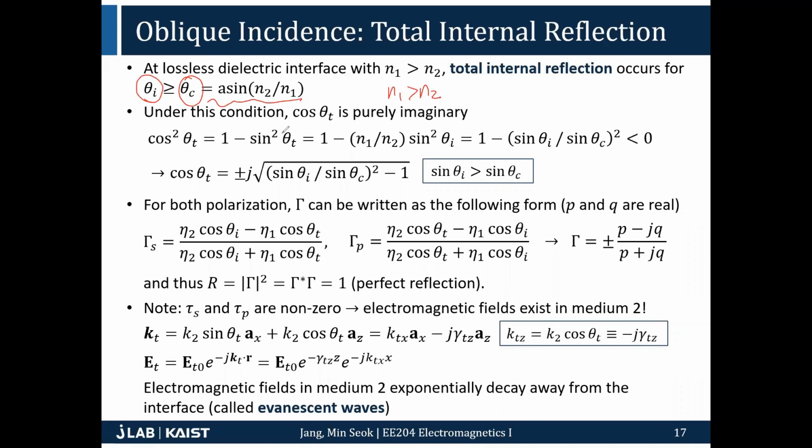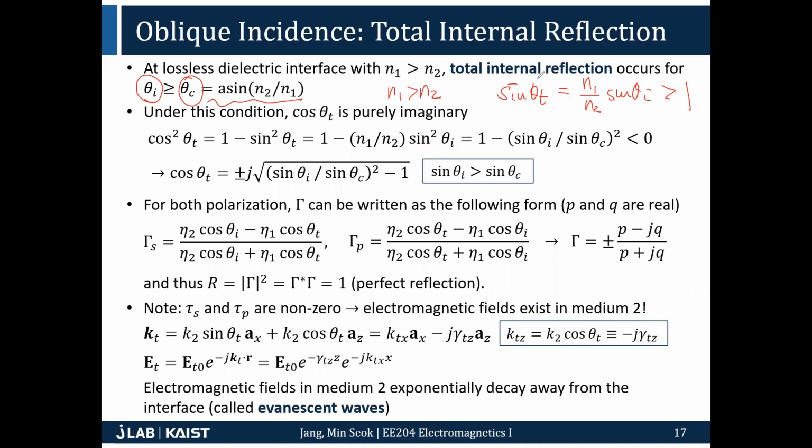In this case, sine theta t is n1 over n2 times sine theta i, which is larger than 1. So analytic continuation allows you to have theta t be a complex number.